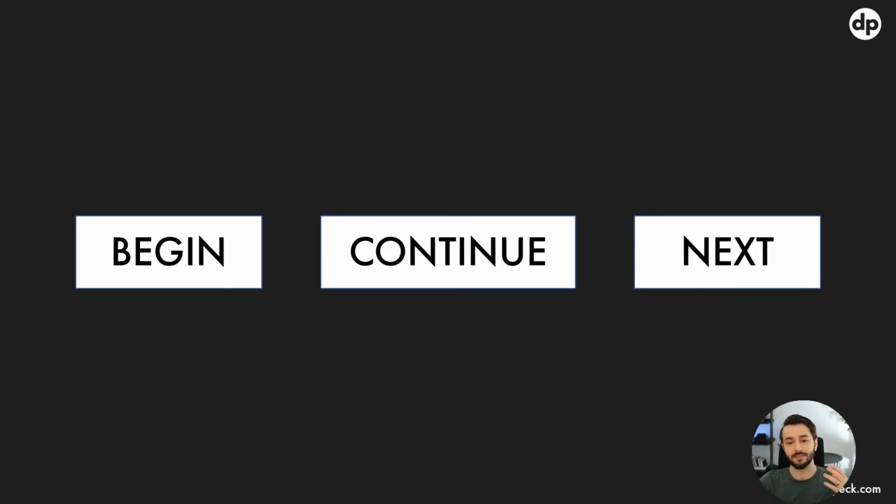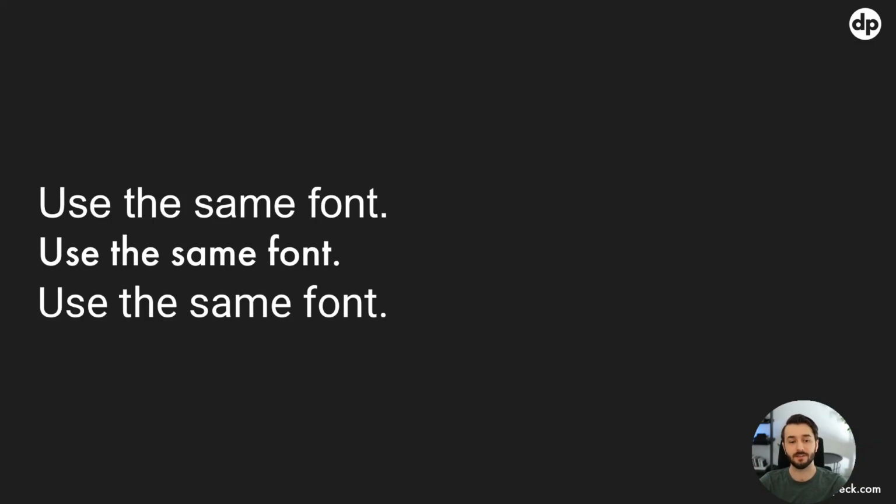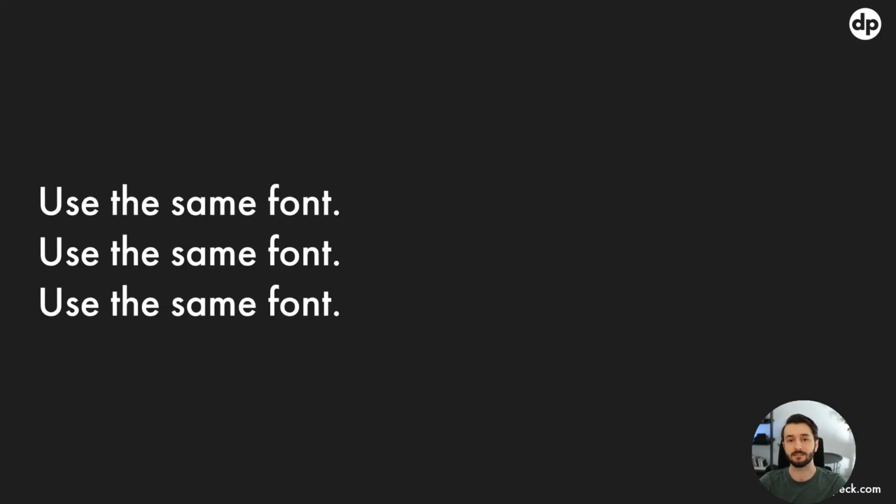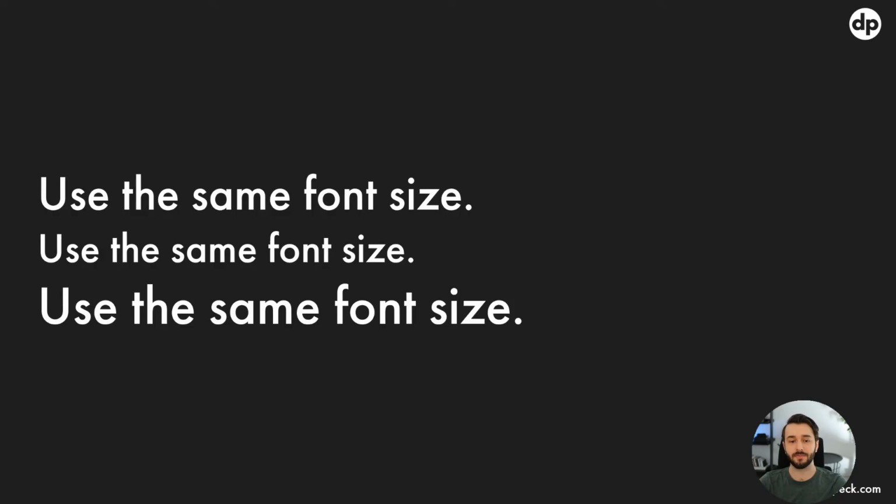But the idea is to maintain that consistency, except for when you really want to draw attention to the difference. So you can see here, you want to use the same font. Don't play around with different fonts unless you really know what you're doing.